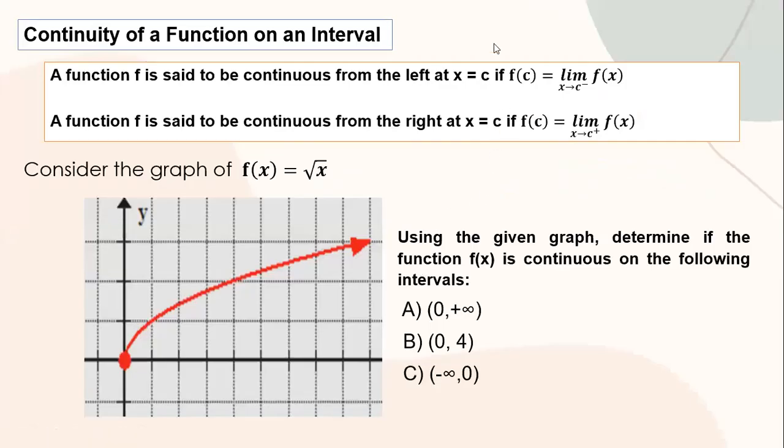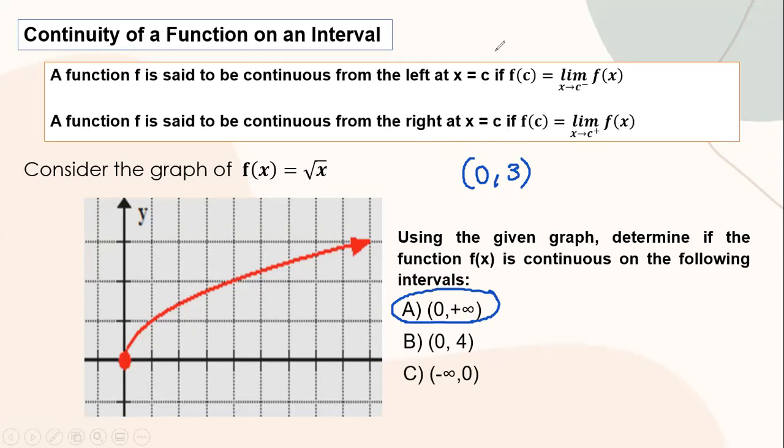Okay, so continuity of a function on an interval naman, so hindi lang basta c yung given natin. Okay, so interval na po siya. So from 0, for example, from 0 to positive infinity, or from 0 to 3, we'll be testing the continuity of the function.